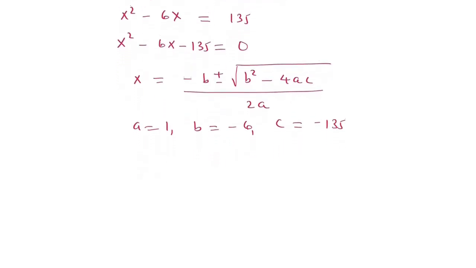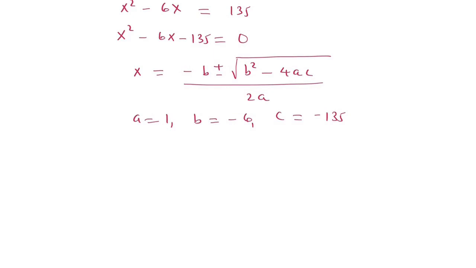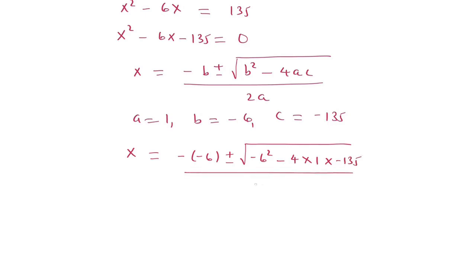Okay, so now let us substitute these values into our formula. Then our equation is going to be x equals negative of negative 6 plus or minus the square root of negative 6 squared minus 4 times 1 times negative 135, over 2 times 1.